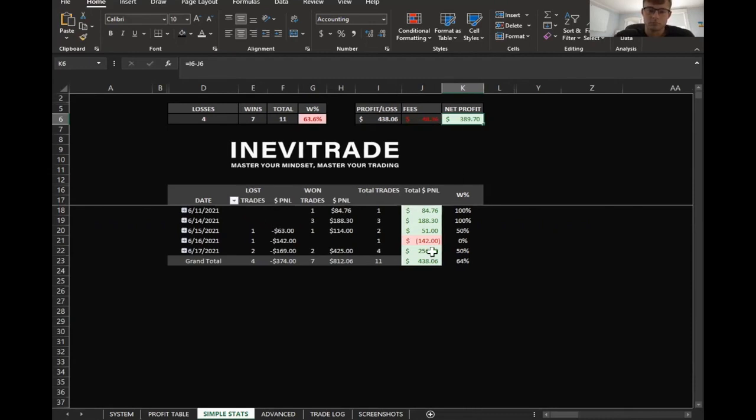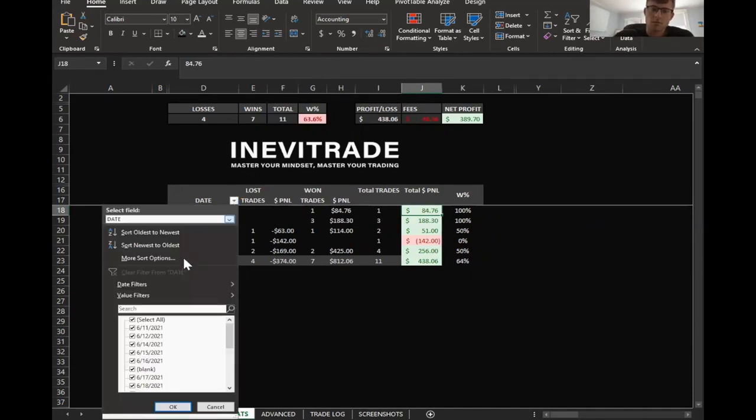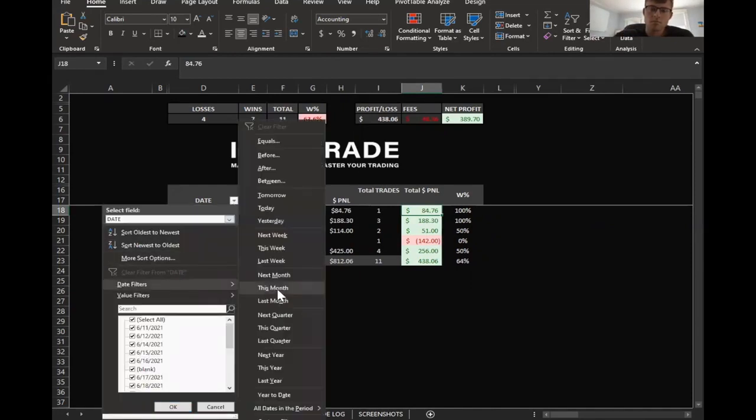So we made $438 on our trades, and then we see each day what days were good and which ones weren't. And then we see the win percentage on that day. Very helpful. It's nice to see where you're at. You can come in here and you can go to date filters, and you can look at last month's profitability, this month's profitability.